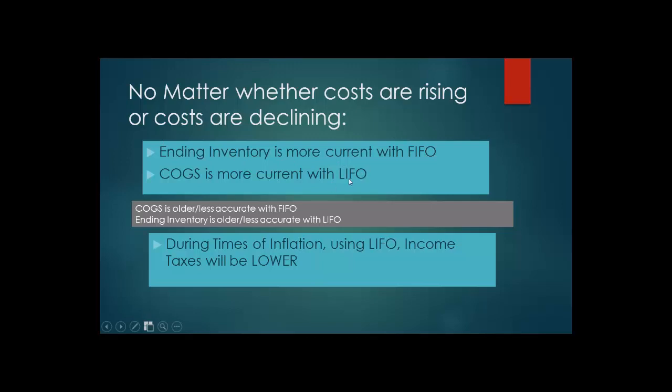When you're using LIFO and you look at the income statement and you see cost of goods sold, it's more representative of what replacement value is. So there are advantages and disadvantages to both methods. COGS is older, less accurate with FIFO. Ending inventory is older, less accurate with LIFO.